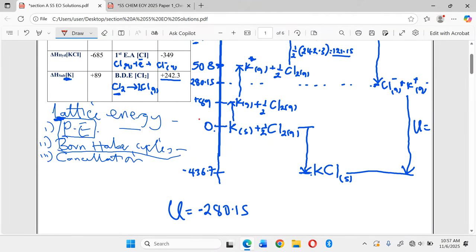I'm moving from here, coming. At this stage, when I reach 0, that is our 280.15. Then from 0 up to here, we are adding another one, minus 436.7. What do we get? So when we add that up, we get negative 716.85 kilojoule per mole.